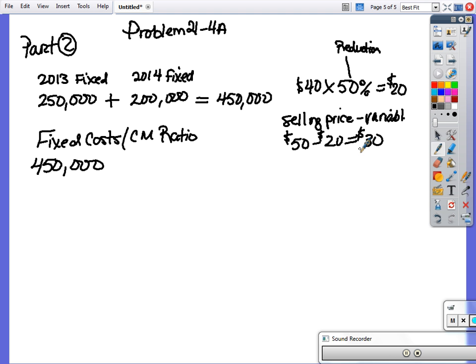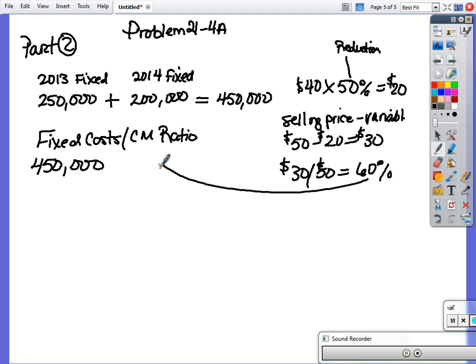And then what else do you need to do to get the contribution margin ratio? Find out the 30 divided by 50. That's the contribution margin equation, right? Yes. So then we do 30 divided by 50, which gives us 60%.